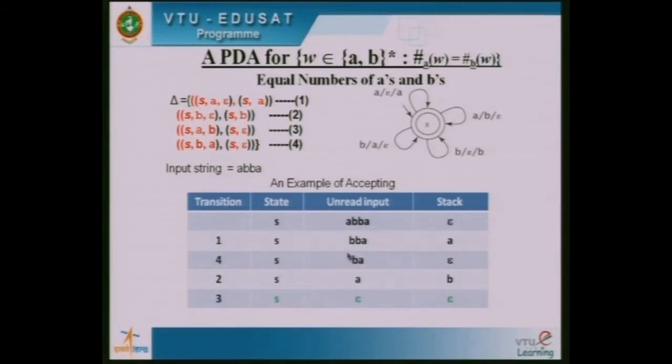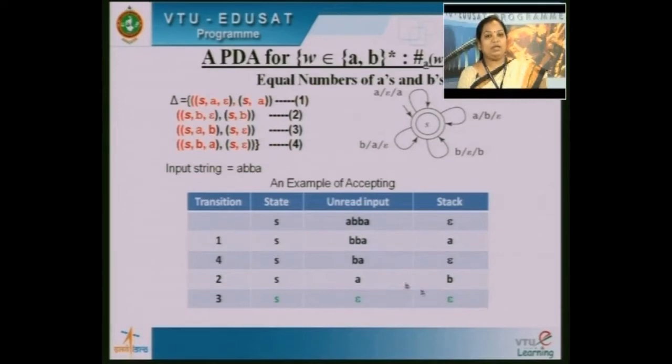Current state is S, input is B, stack is empty, then push B into the stack. And now the current configuration is S, input is A, stack content is B, then consume A and pop the content of the stack. By now you have reached the final state, the input string is consumed, the stack is empty, hence the string is accepted.